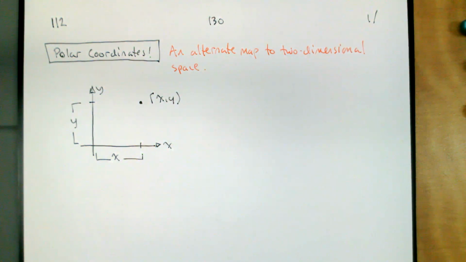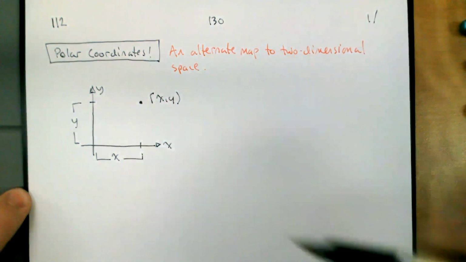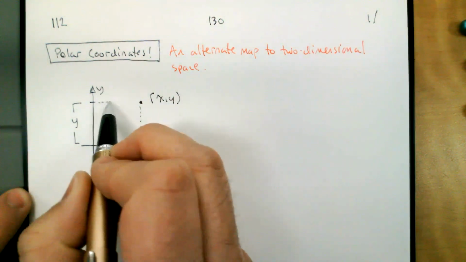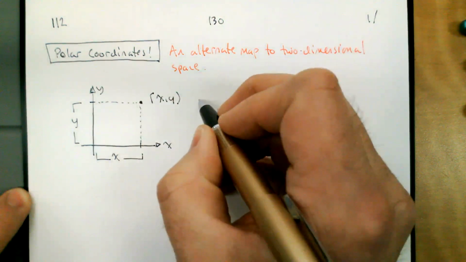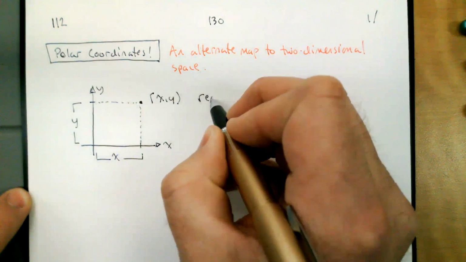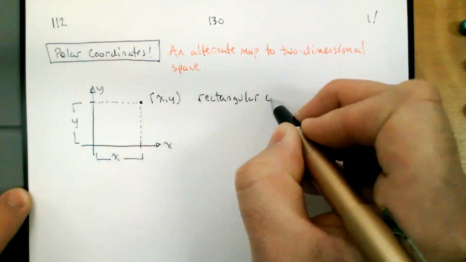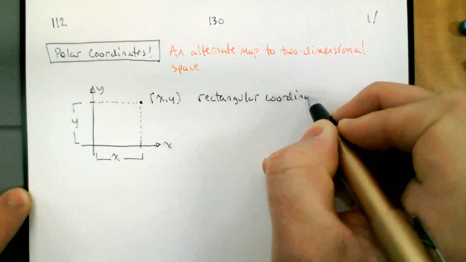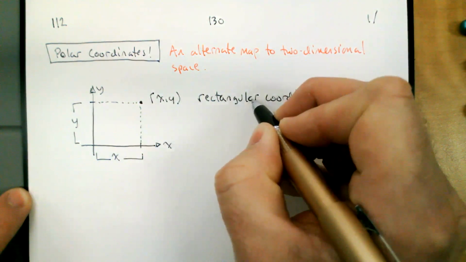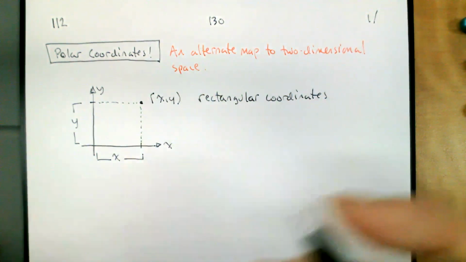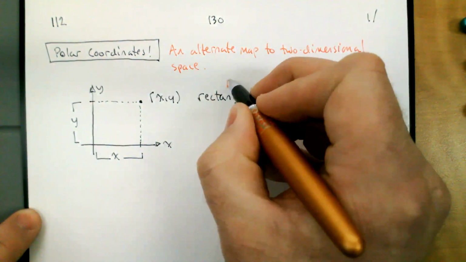The coordinates that we have so far, where we list x and y, horizontal and vertical components, are rectangular or Cartesian coordinates. So rectangular coordinates are also Cartesian coordinates.